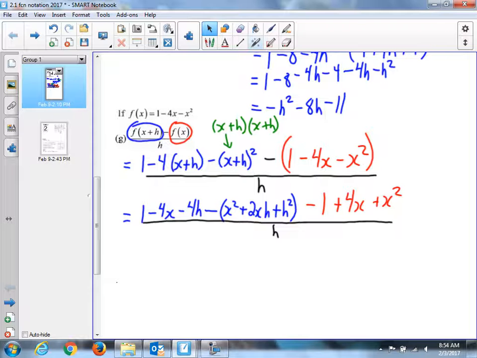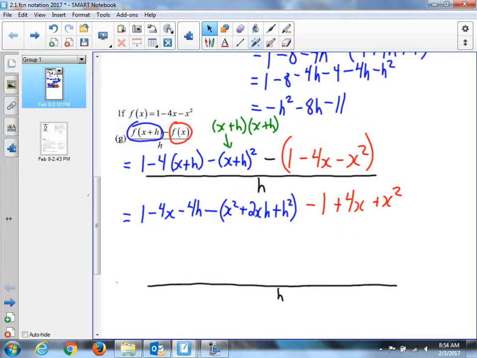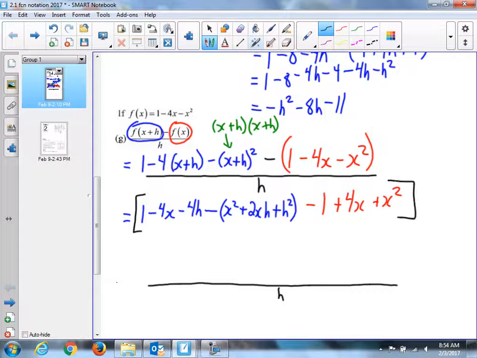I'll show it to you. I'll leave this here in a minute, though. If I put a big old bracket on this and put 1 over h, is that the same thing? As long as I have the bracket, it is. Do you guys follow what I'm saying?